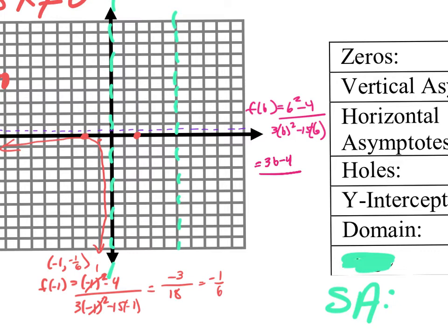What's 36 times 3? 108. So 108 minus 90. So 36 minus 4 is 32. 108 minus 90 is 18. I can simplify this by 2. I don't really have to, but if I can simplify this, this becomes 16 over 9.